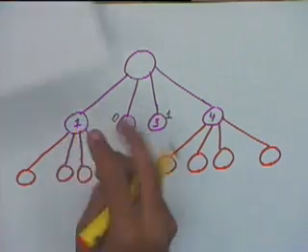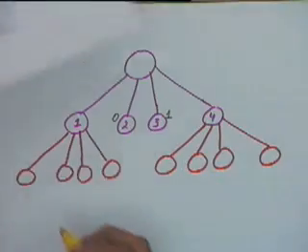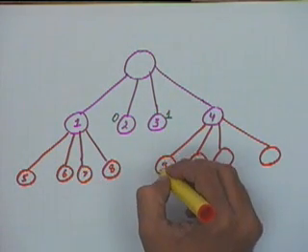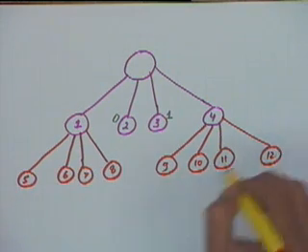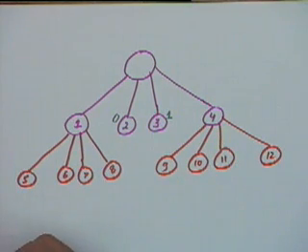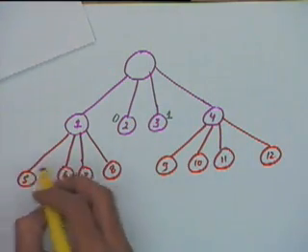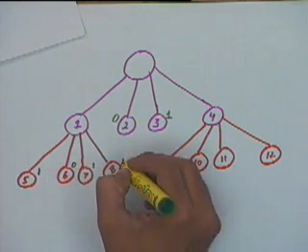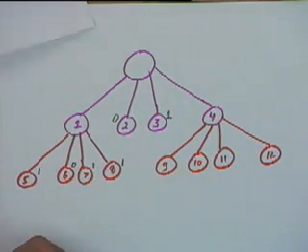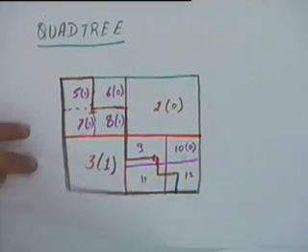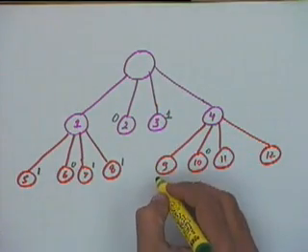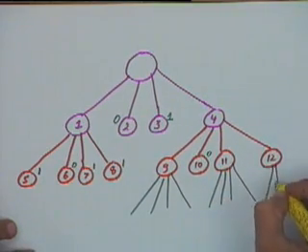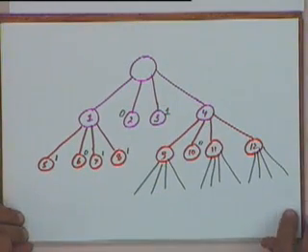Region 1 is divided into 5, 6, 7 and 8, and 4 is divided into 9, 10, 11 and 12. Now 5 has been given a 1, and 6 is given a 0, and 7 and 8 have been given a 1 each. Between 9, 10, 11 and 12, 10 is given a 0, the other 3 are again divided further, and so on.